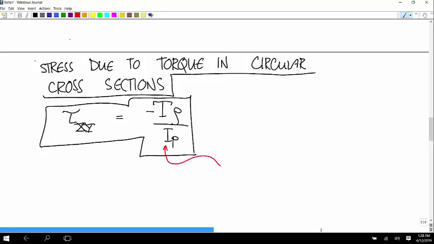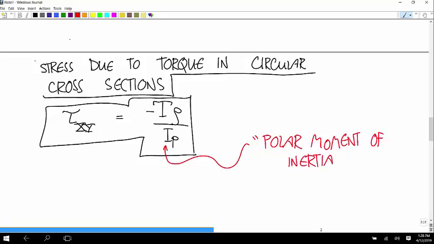This I sub p is called the polar moment of inertia. And you can think of that rho as like a radius to the point that you care about.